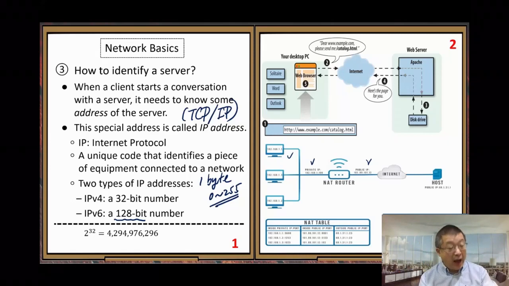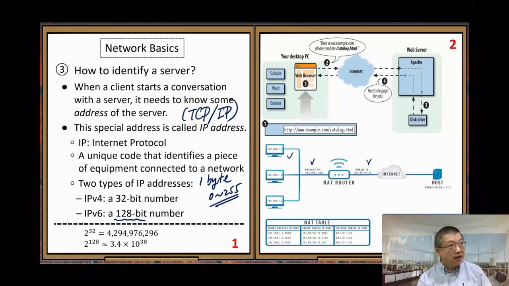Now let's look at how many IPv6 addresses we can have. This many: 2 to the 128th power. That big.